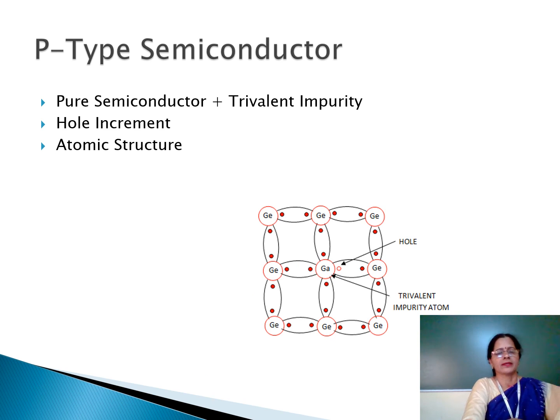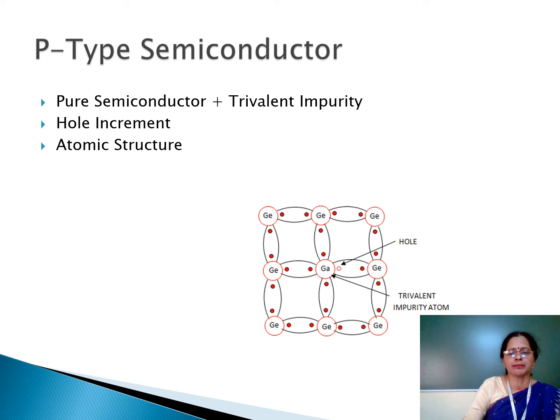P-type semiconductor. When you add the trivalent impurity to the pure semiconductor, you get the P-type semiconductor. Due to the addition of this trivalent impurity, the number of holes will increase. A large number of holes will be generated. So let us see how holes are generated in this case.